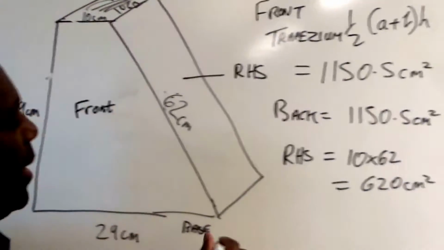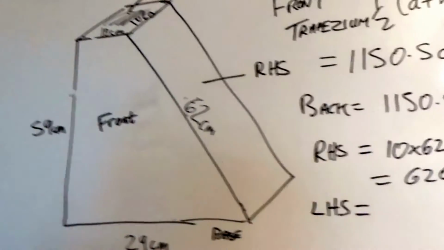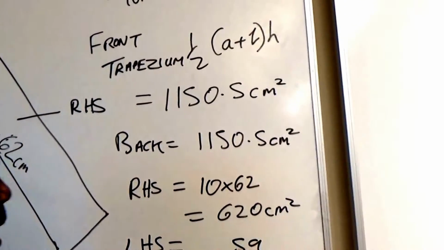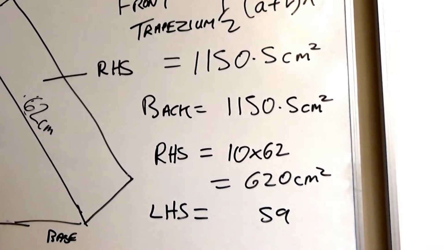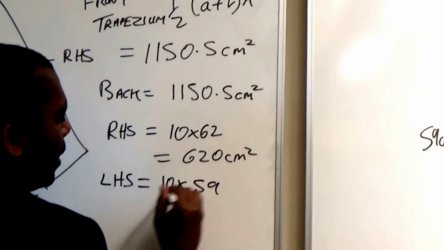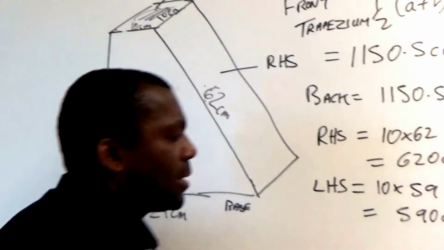So left hand side, and then the height of it is 59, and the width of it is the same as the top or the base, and that's 10. So that's 59 times 10, and that's 590. And then there's one more to go, the base.